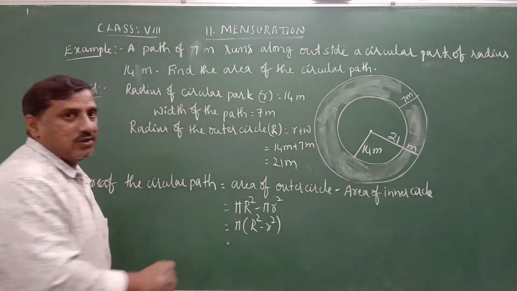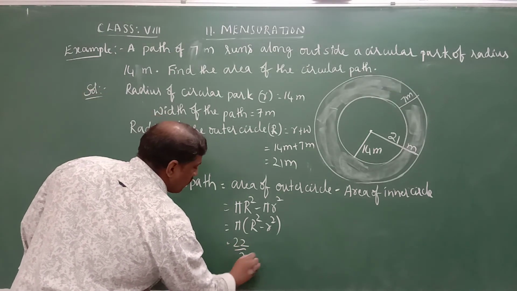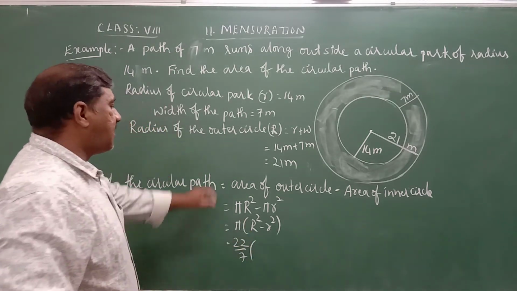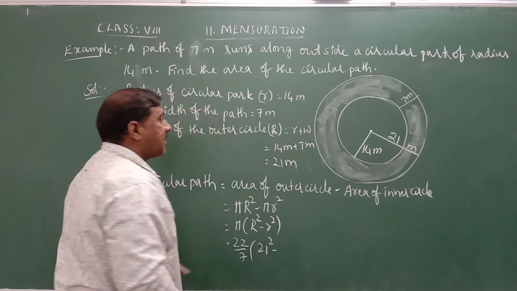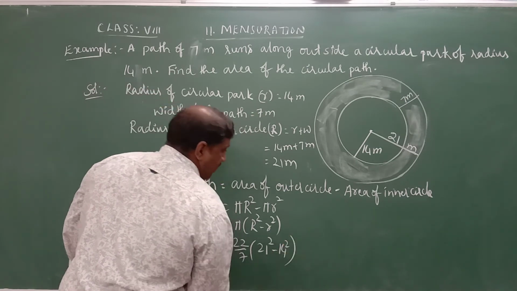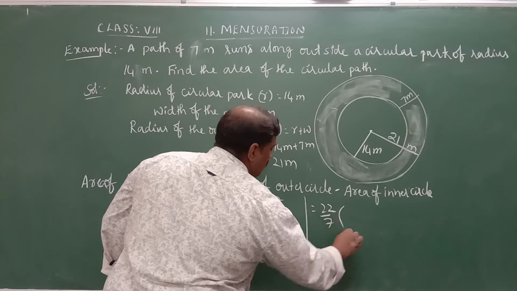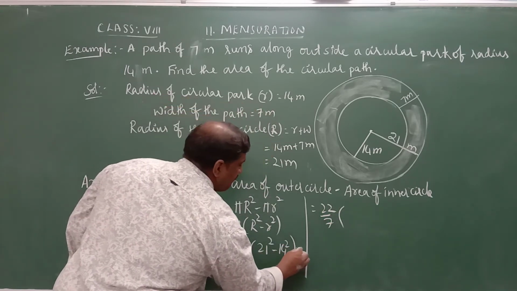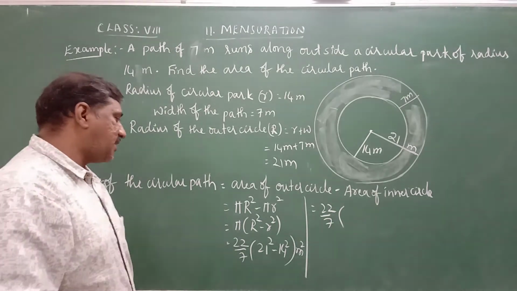Substitute the values now. Pi is equal to 22 by 7 into capital R is equal to 21, 21 square, minus small r is equal to 14, 14 square. Simplify this. 22 by 7 into, and the units will be meter square.